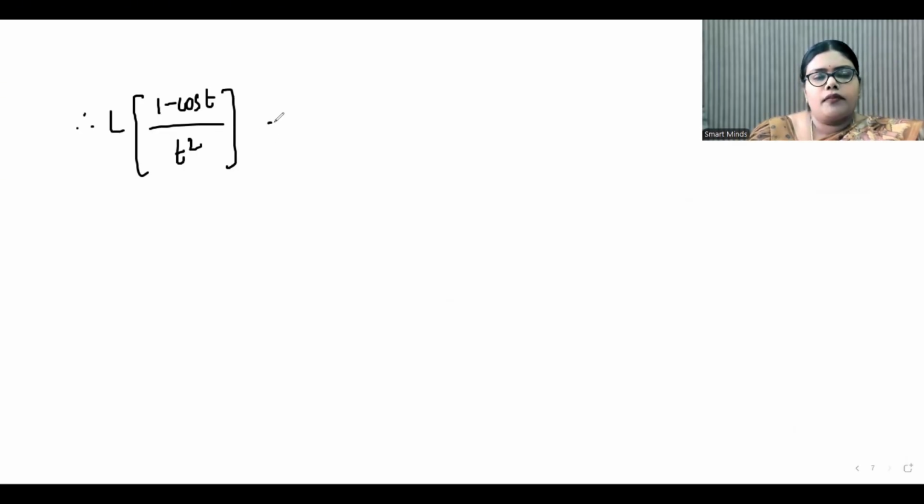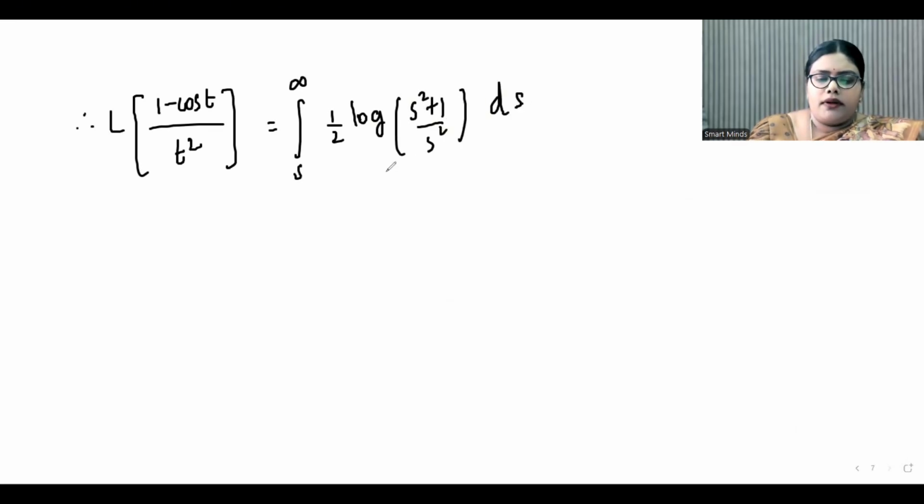Therefore, L of, now I am taking one more t inside. Division by one more t. That is equal to integral s to infinity 1 by 2 log s square plus 1 by s square ds.